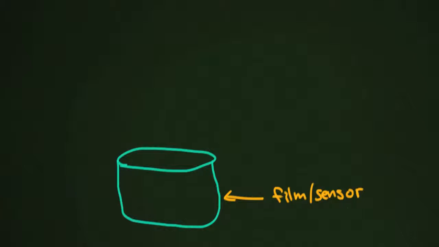It doesn't take very much light to fill a very sensitive piece of film or a sensor. Something at ISO 800 is like a very small bucket. You need, maybe, this much water in your bucket, no matter which bucket you have, big or small. You need it to reach maybe this 70% full level, say.